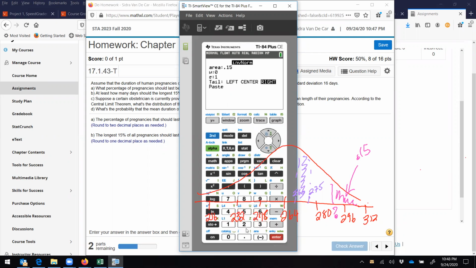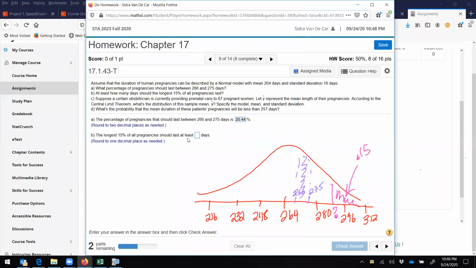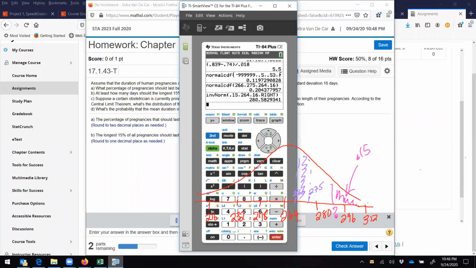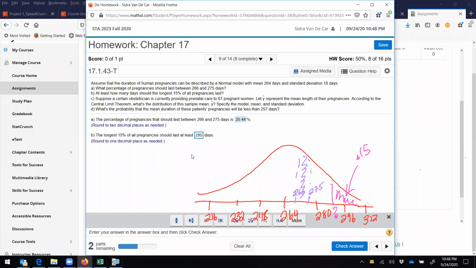When the mean is 264 and the standard deviation is 16. And I want to choose the right tail since this is on the right that I've shaded. And that'd be about 280. Oh, it said round to 1 decimal. 0.6.